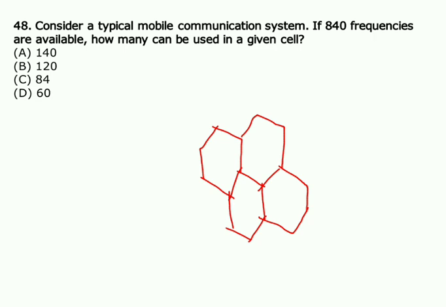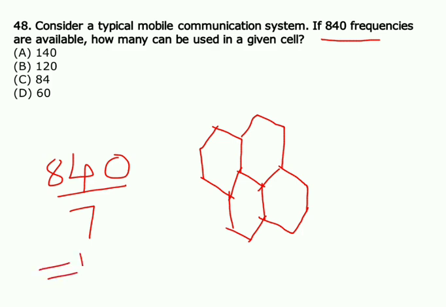So here, if there are 840 available frequencies and the system uses a frequency reuse pattern, typically the available frequencies are used in a neighboring cell. For a basic reuse factor, the frequencies can be divided by the number of cells in a cluster. Assuming a 7-cell cluster reuse pattern, the number of frequencies per cell would be 840 by 7, that means it is equal to 120.